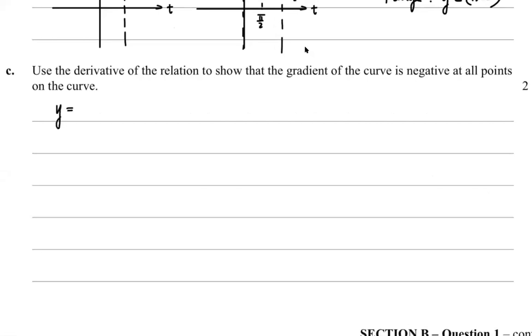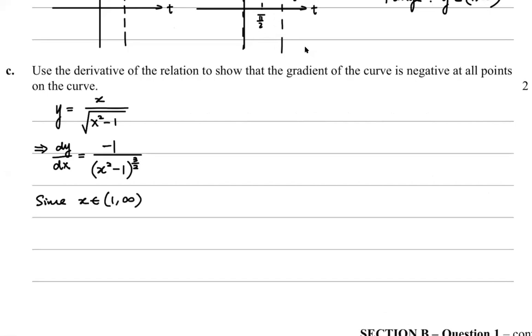Let's write y equals x over the square root of x squared minus 1. That gives you the derivative dy dx. So it's minus 1 over x squared minus 1 to the power of 3 on 2. Now let's talk about the domain of that one. Since x goes from 1 to infinity, x is actually greater than 1.